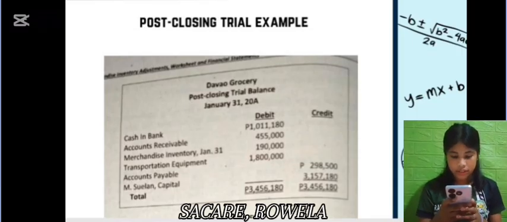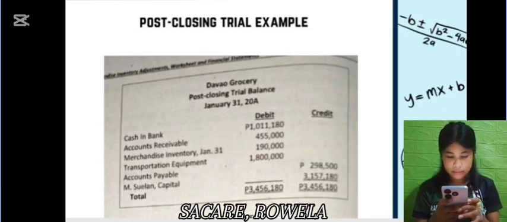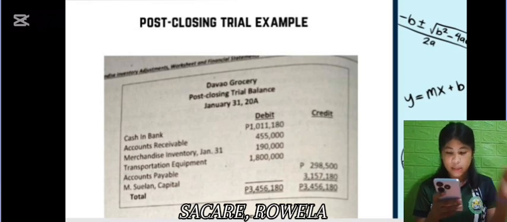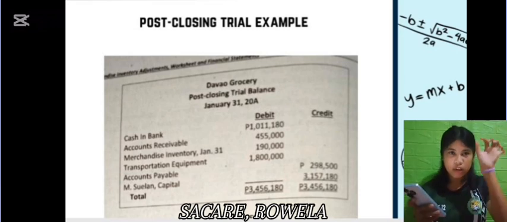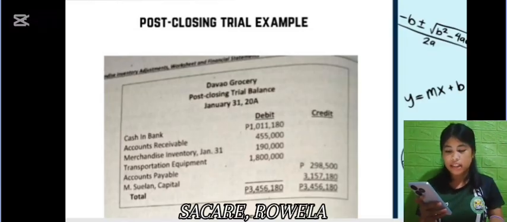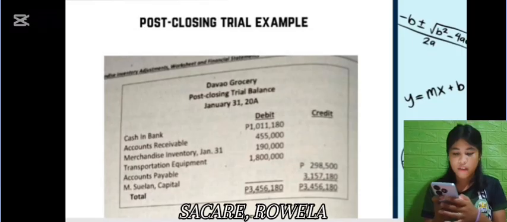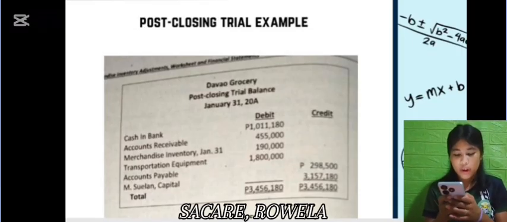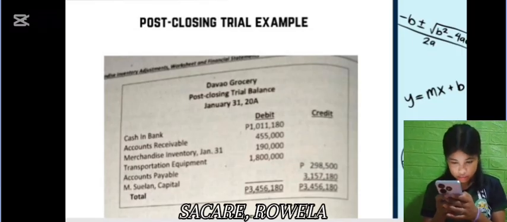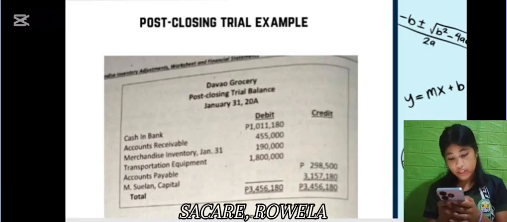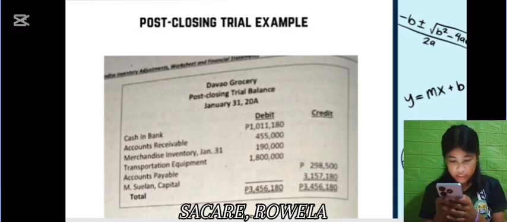So 180. So sa credit og sa debit gi-plus tanan, then ang total sa debit kay 1,274,680, and then sa credit kay 263,500.